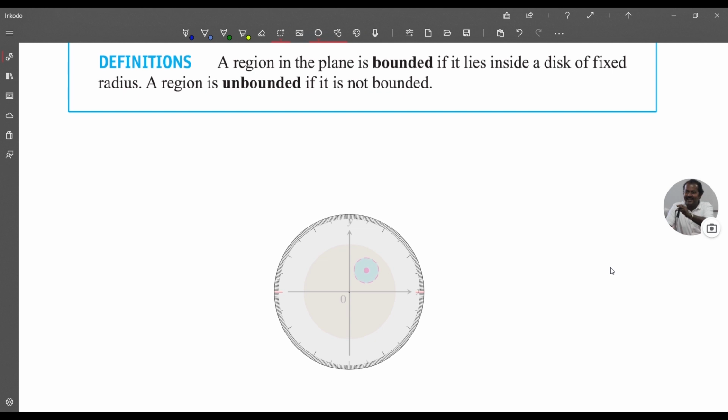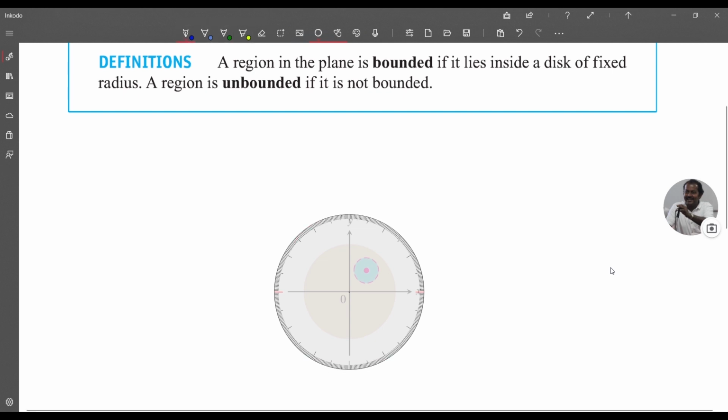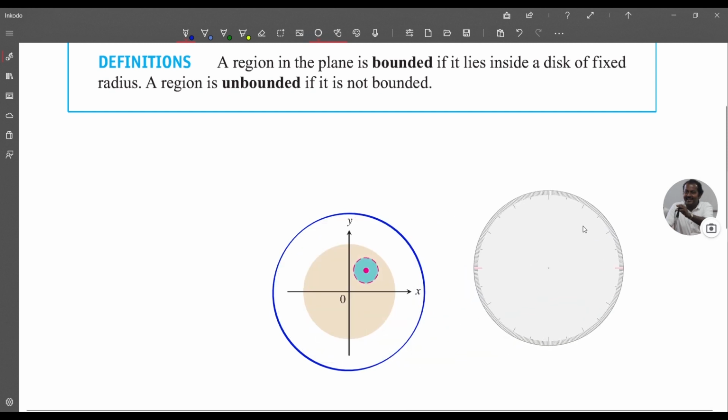You can consider this disk. So it is a disk of fixed radius. This is our region R. So we have enclosed the region R in a disk of fixed radius. So we can say that this region R is a bounded region.